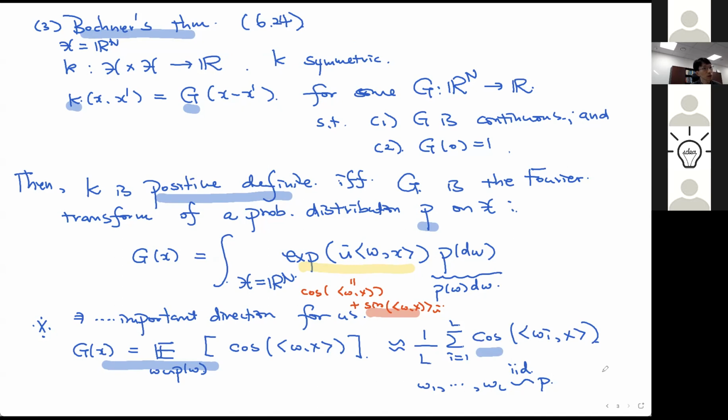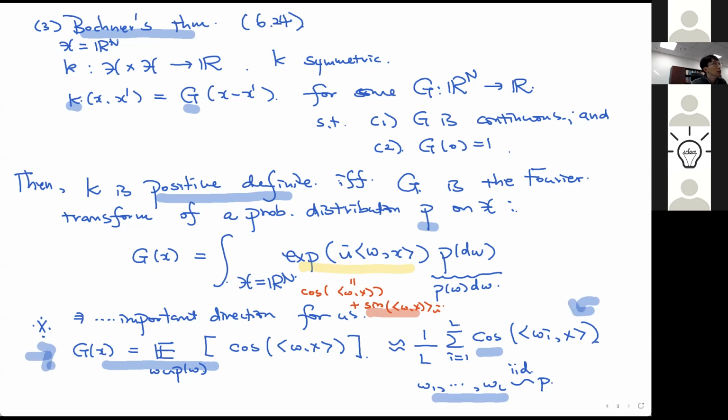If you take the expectation of the right-hand side with respect to these samples, then on average it becomes exactly the same as g of x. So this form, although it looks very mathematical, actually leads us to derive an algorithm in this way.